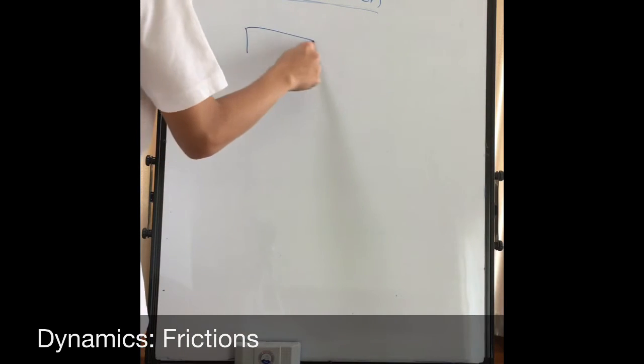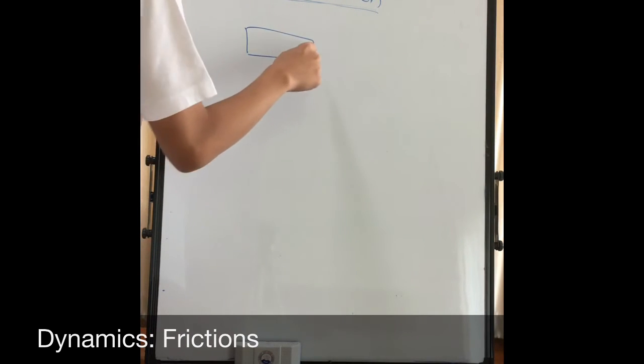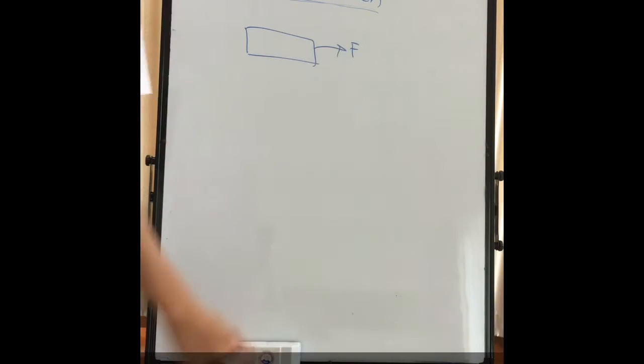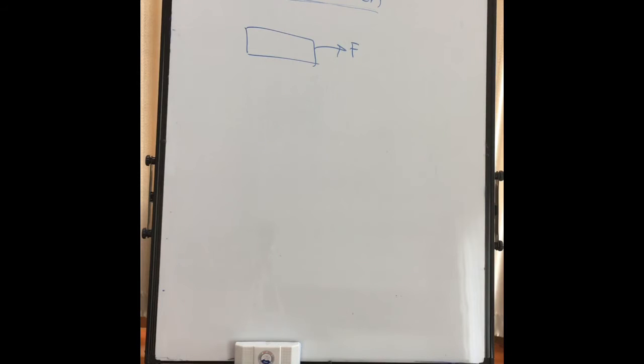So friction is always opposite to the direction of the motion and tends to decrease net force. So delta F is friction and F is force. Whenever we apply a force, there is friction that acts against our force.